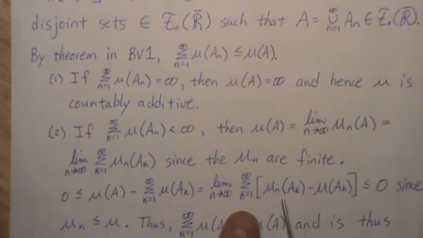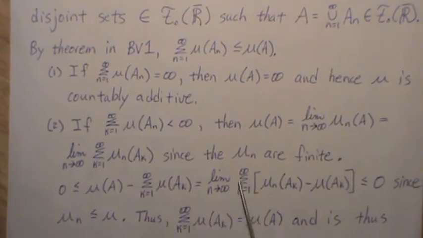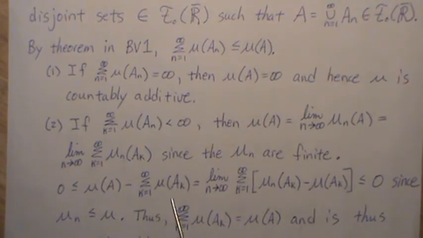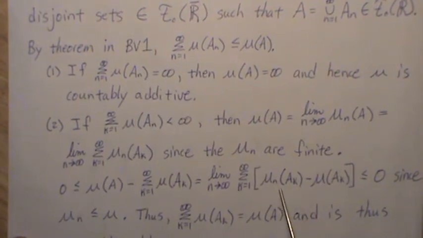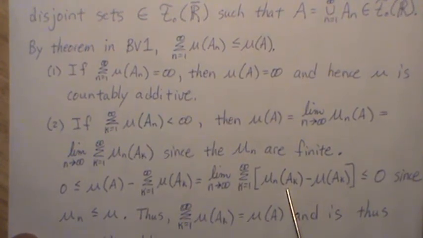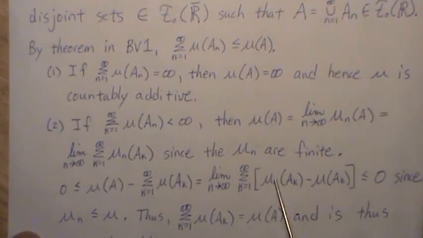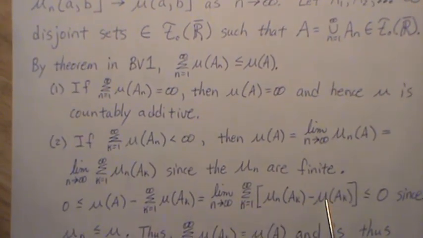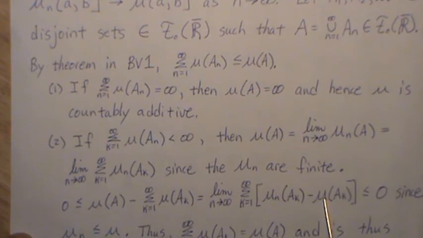So let's replace it in here. Because this can go to there and then it goes to there, and then that's the same as this. But notice that mu_n is, the way we defined it, less than mu. And so that means this is negative, or less than or equal to 0.